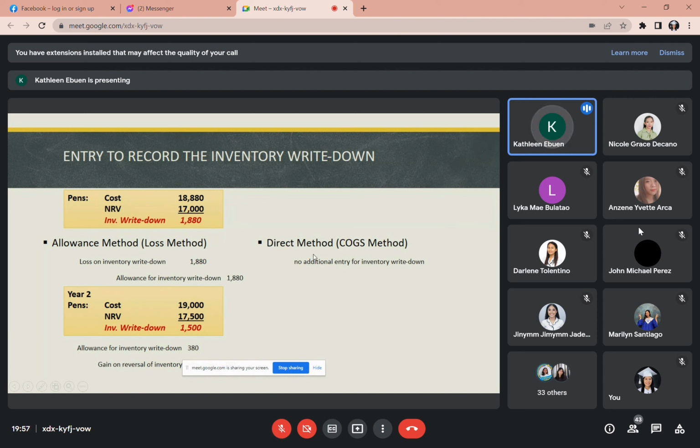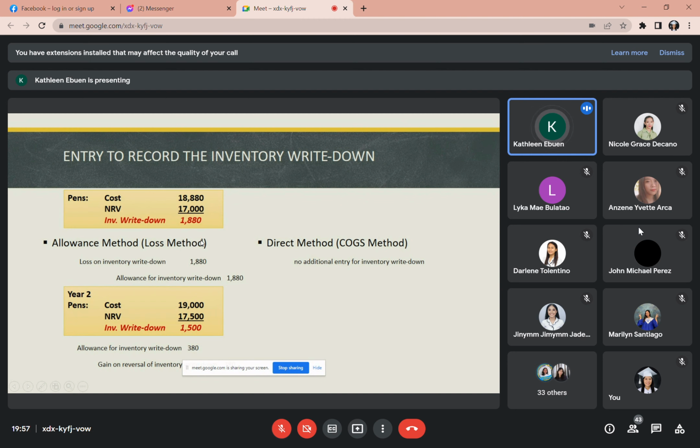Okay. Sa direct method naman, no additional entry for inventory write-down. Kasi class, under direct method, kung ano yung mas mababa, kung ano yung LCNRV, yun na mismo yung nare-record niya.